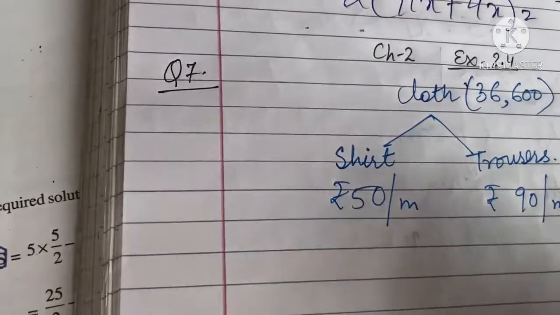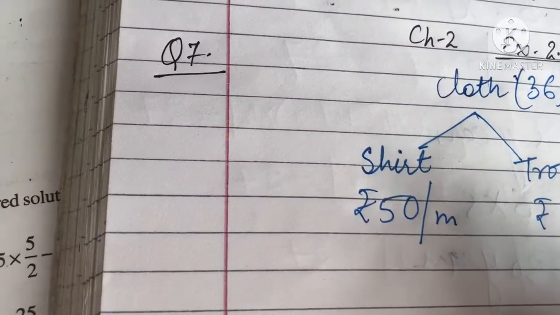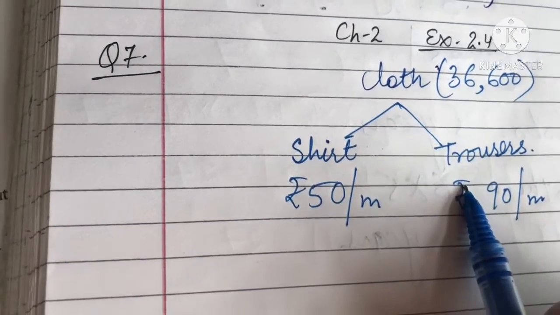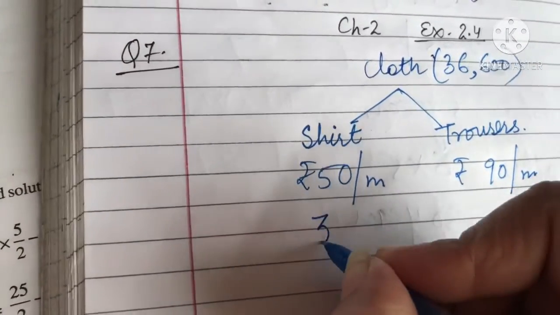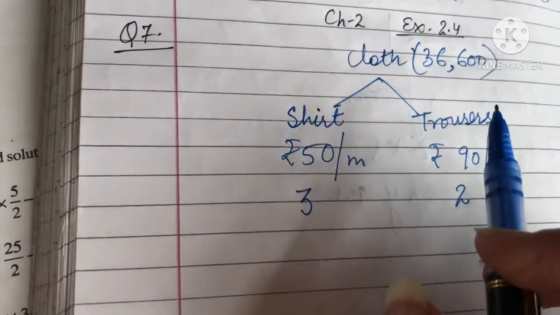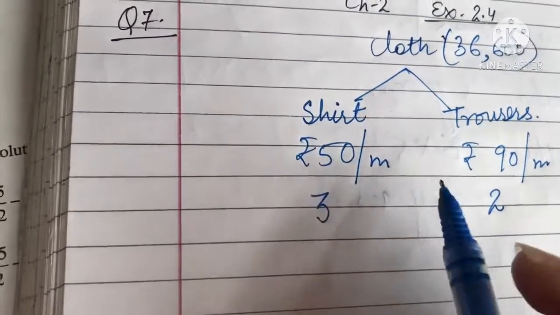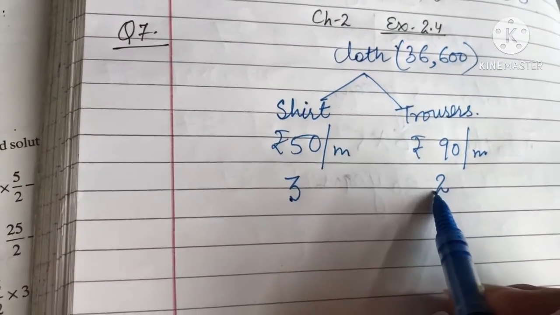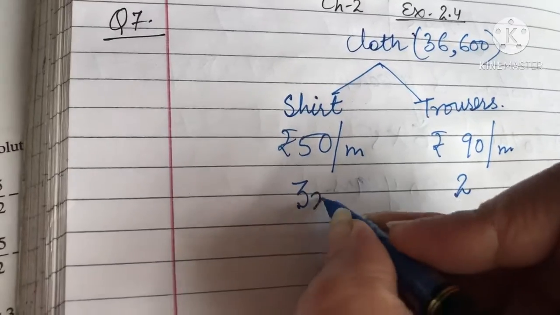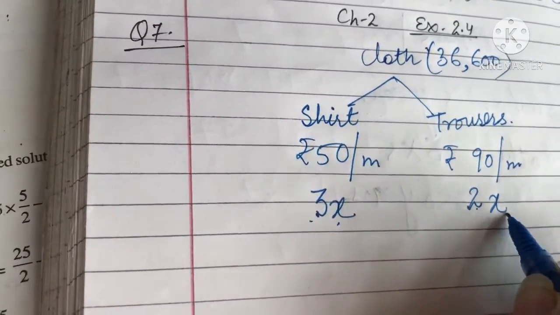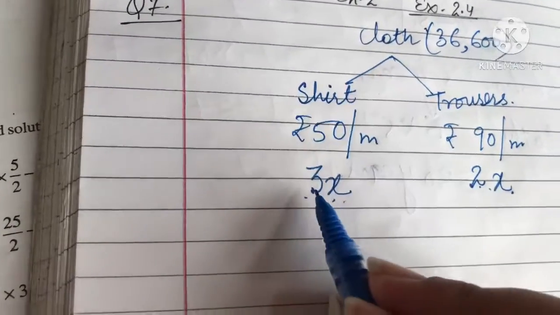Okay. Now it is given that for every 3 meters of the shirt material, he buys 2 meters of the trouser material. Now we don't know how much shirt material and how much trouser material he has bought, but we know this thing that whenever there is 3 meters of the shirt material, he buys 2 meters of the trouser. As we don't know how much it is total, we can take it as 3x and 2x because their ratio is going to be the same, 3:2.